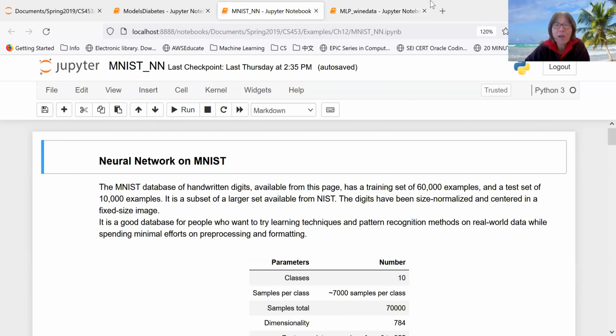And next one, that's about wine data. Next one is about MNIST. If you recall, it's a very basic kind of image recognition. It's just a single digit, handwritten.